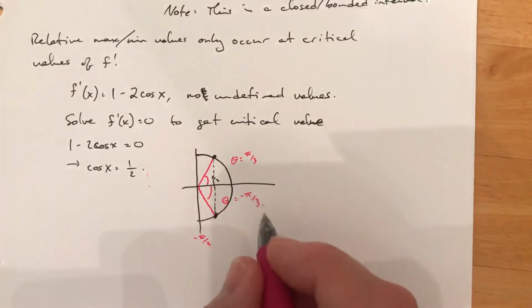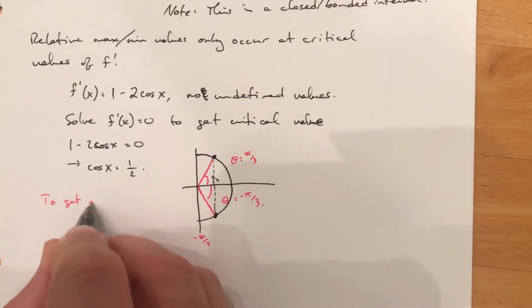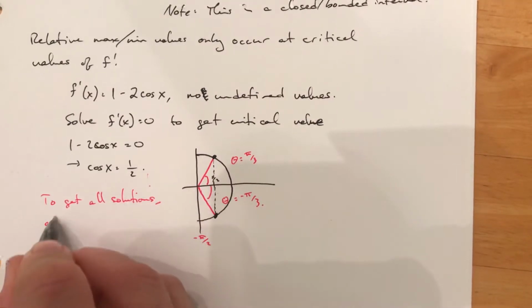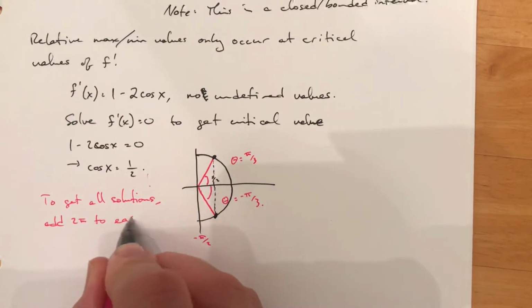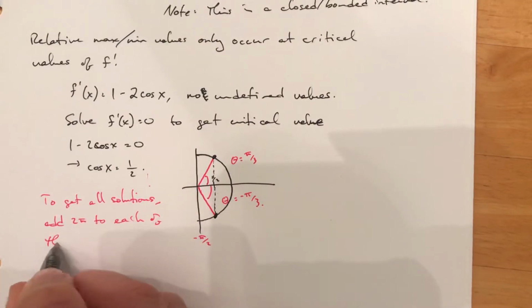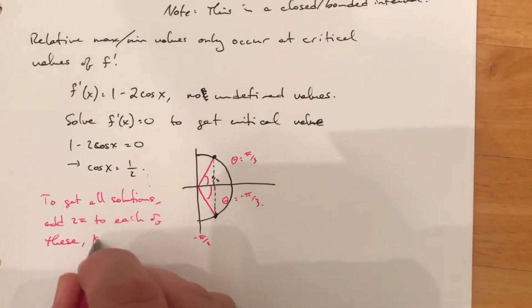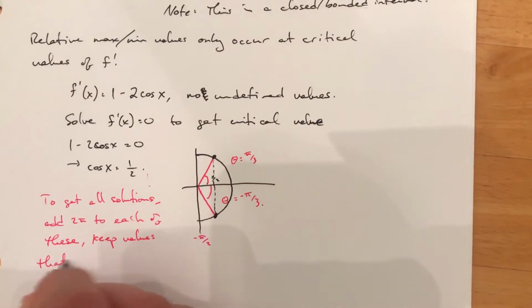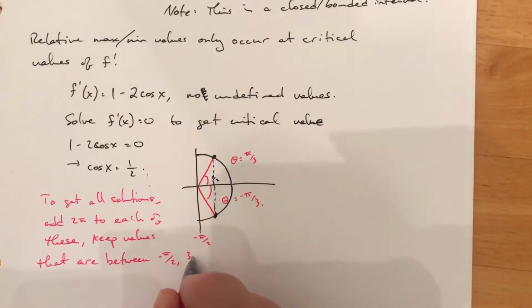And so we're going to add 2 pi to each of these, and then keep the values that are between negative pi over 2 and 3 pi.